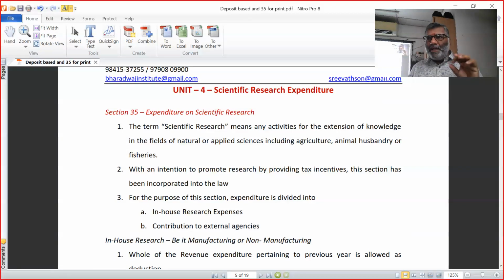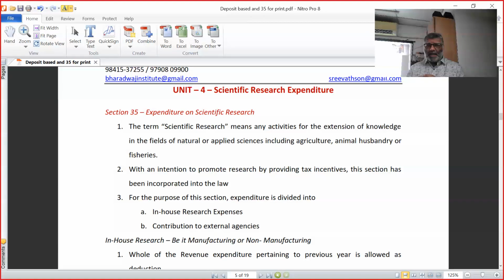The fourth one is social welfare expenditure. Our section 35 is divided into 4, my dear friends. If you look at it as a chart: scientific research expenses, specified business, amortization, and social welfare deductions.